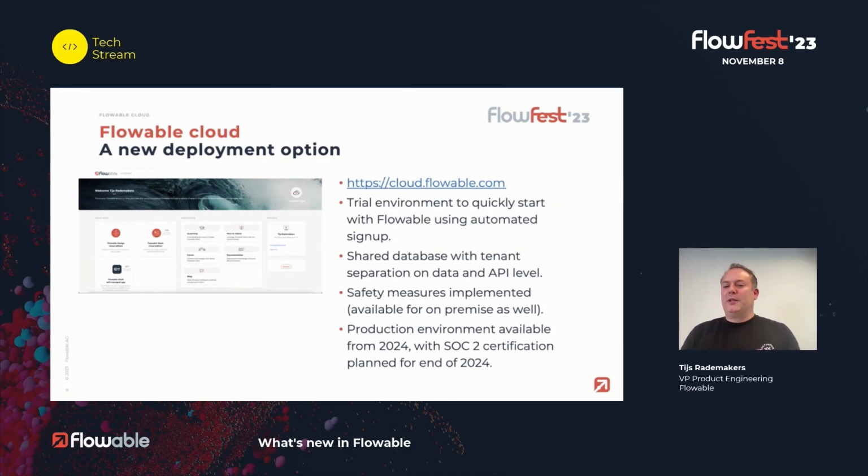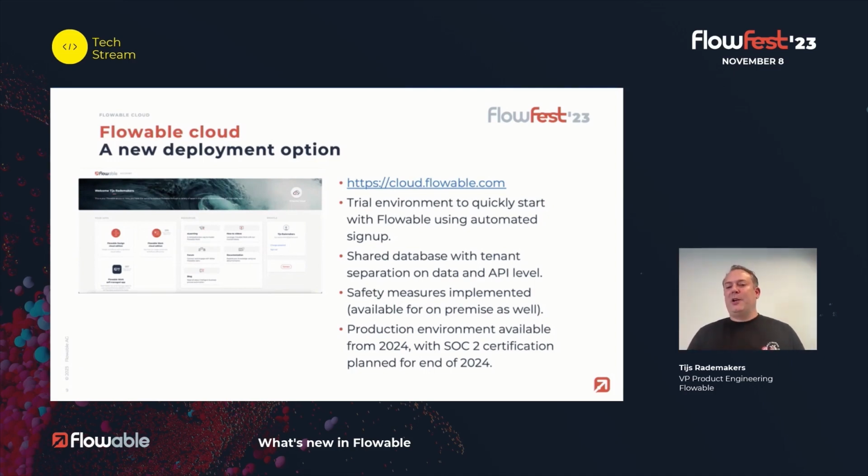So if you go to cloud.flowable.com, it's a trial environment. You just register yourself with email and your name, and you can quickly get started in an automated way using Cloud Design, using Cloud Work. You can also download an on-premise version of Work with a 30-day trial. But you can really easily get started in that way.